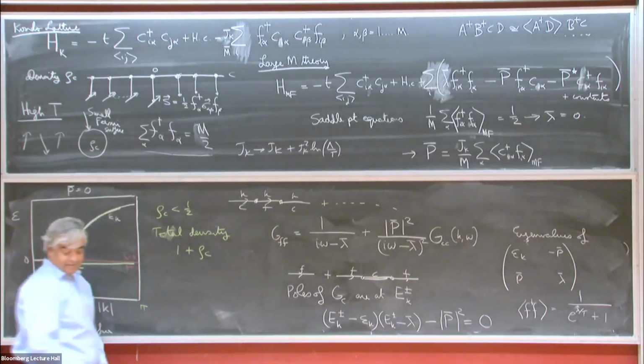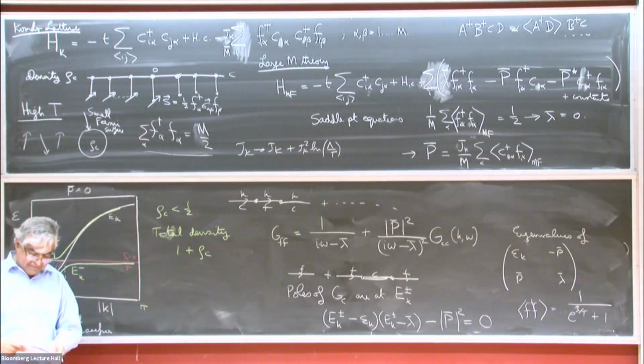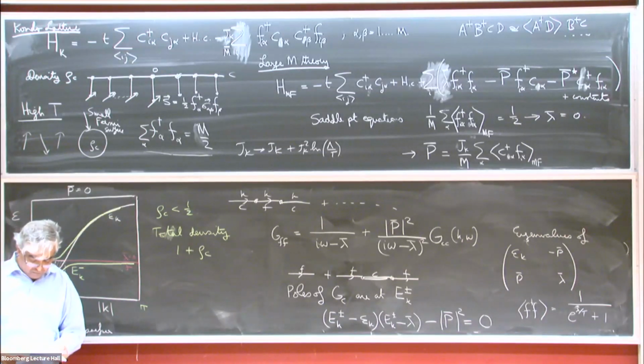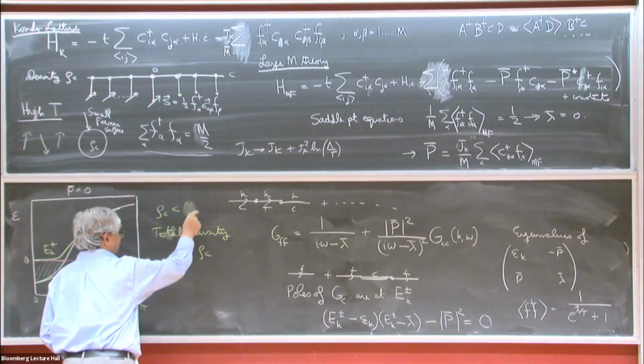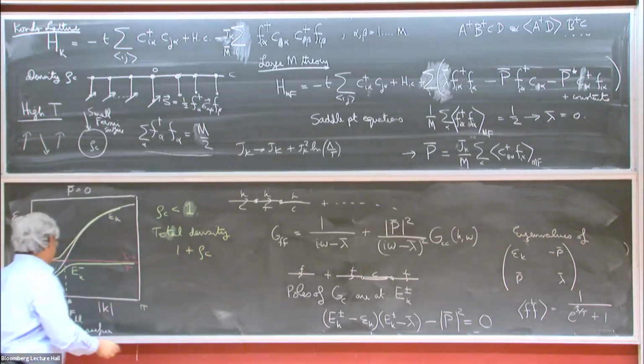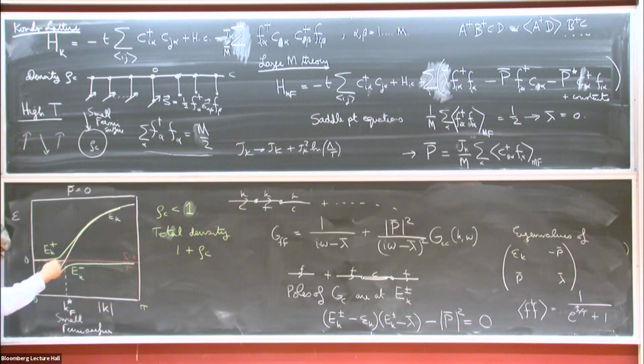Sorry, I have to remember, was rho_c per spin or not per spin? Excuse me for a minute. Okay, sorry, yeah, I'm doing it with spin included. So rho_c is less than 1, and the total number of electrons you can fill up to here is 2, not 1, because I'm counting spin.